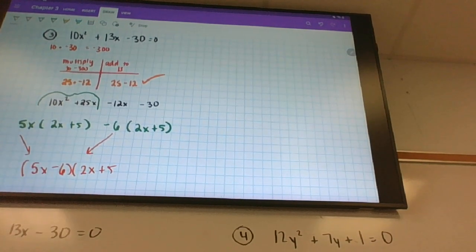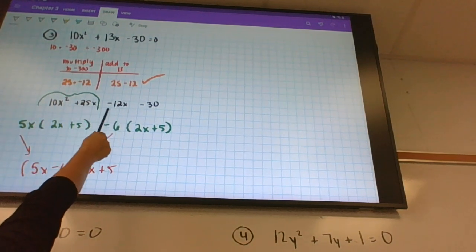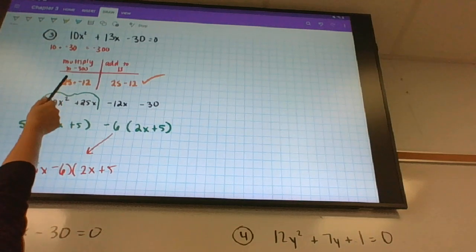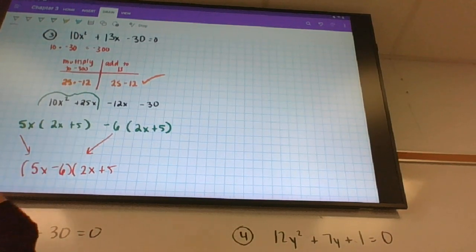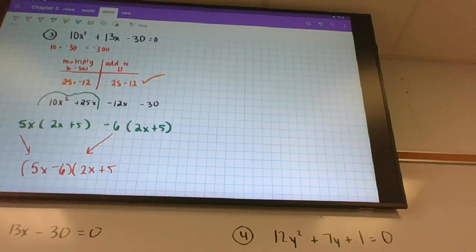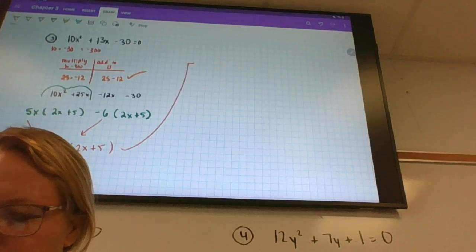So the purpose is to just change the middle. If we did 25x minus 12x, we would have that. It works. So we're rewriting the middle term differently. All right, and then we solve this.